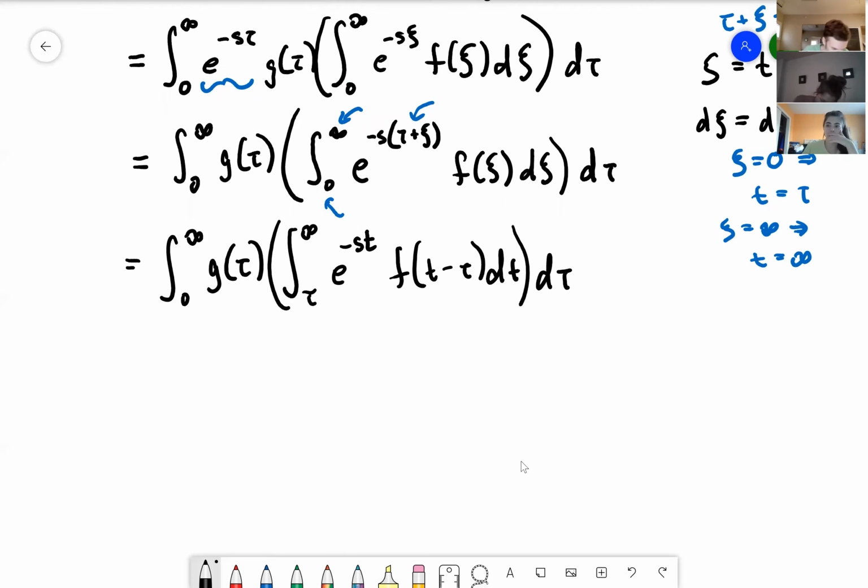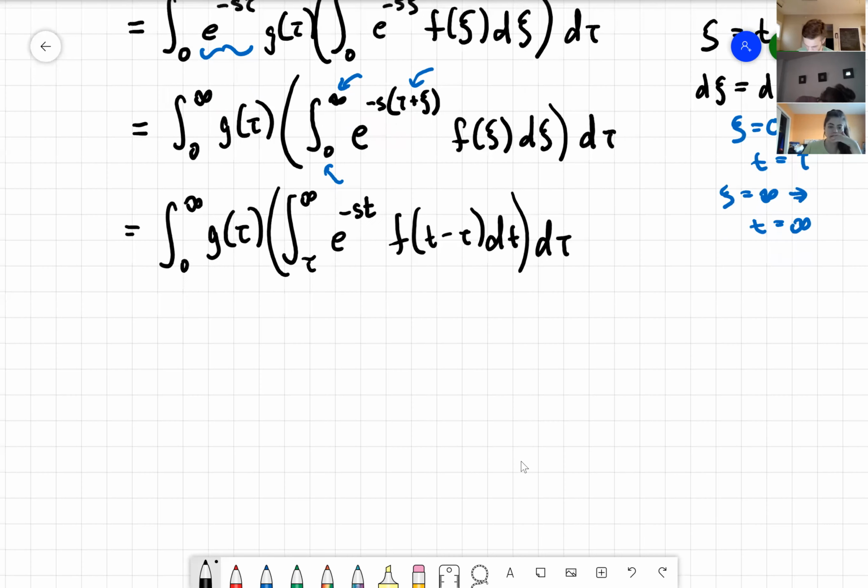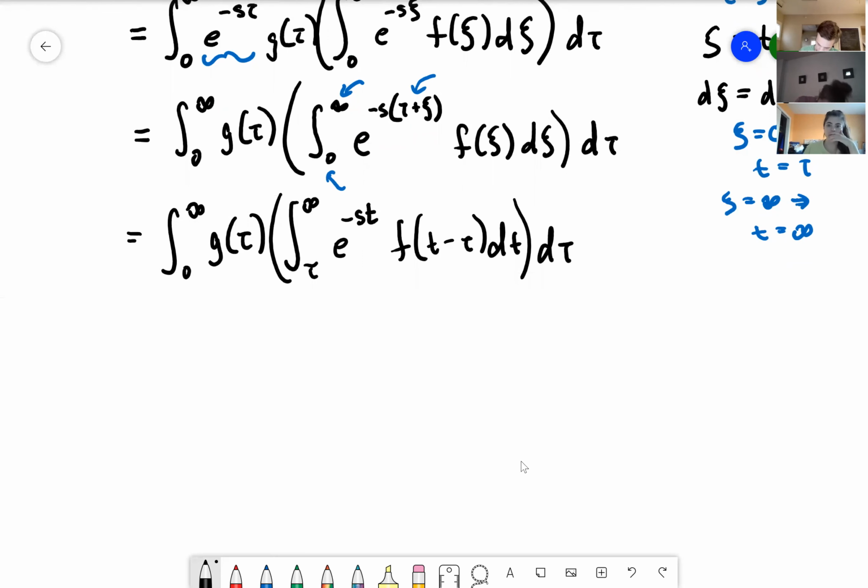Okay. Now, if we look at the region of integration, remember this from Calc 3, then tau is going to go from 0 to infinity. And for a particular tau, we're going to integrate t from tau to infinity.